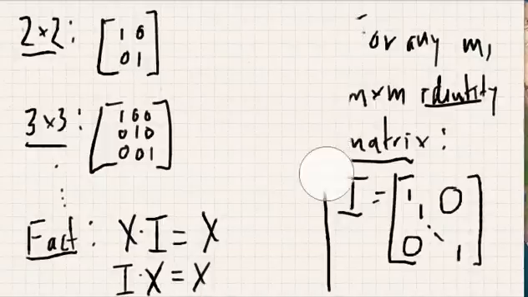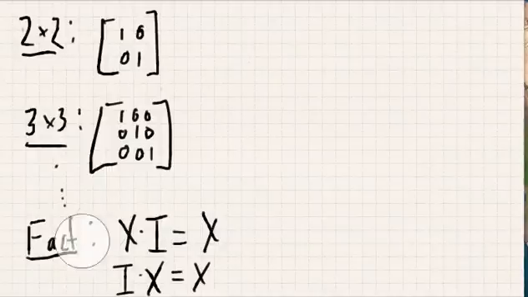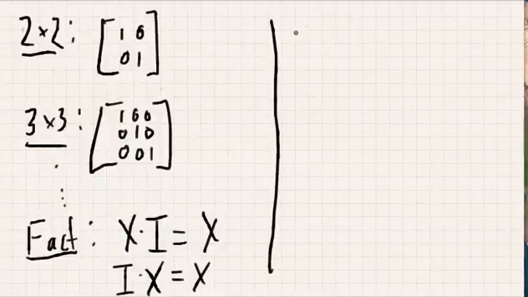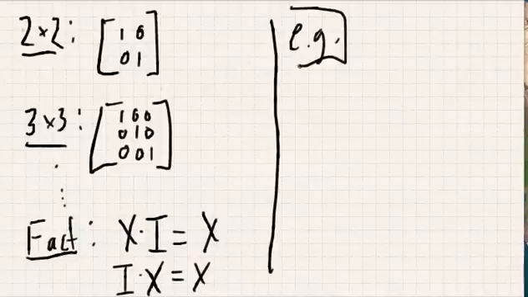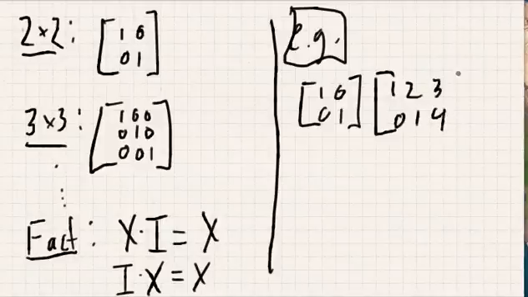I'm going to pick an eraser, erase. Okay, and go back to here. So let me take the 2 by 2 identity times a 2 by 3. So 1, 0, 0, 1 times a 2 by 3, 2 rows and 3 columns, 1, 2, 3, 0, 1, 4.